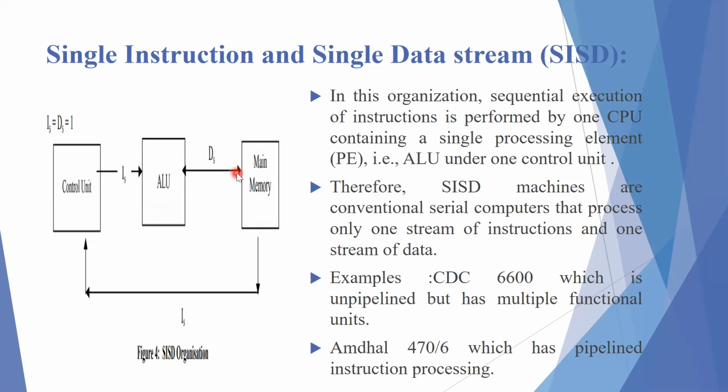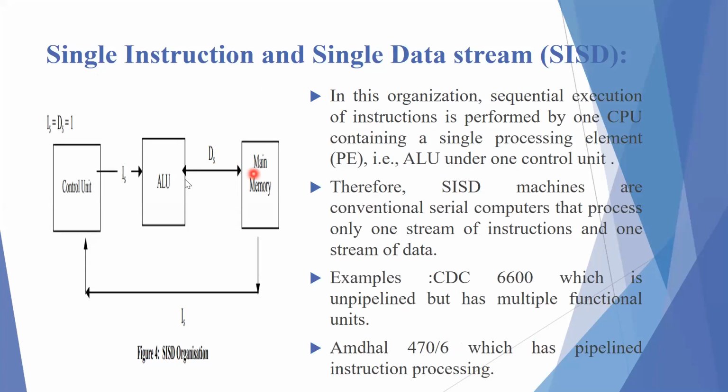Some basic examples are the CDC 6600, which is unpipelined but has multiple functional units, and the Amdahl 470/6, which also has pipelined instruction processing but uses the same kind of architecture.